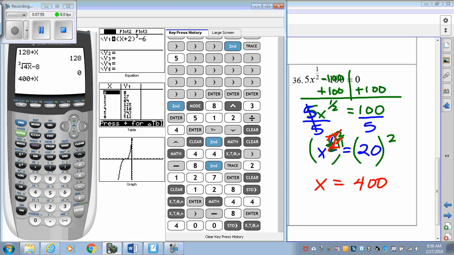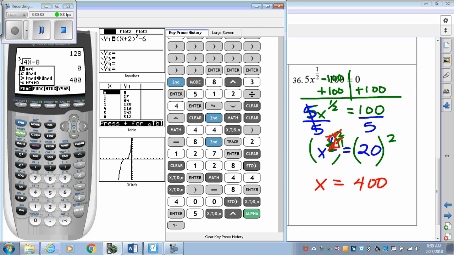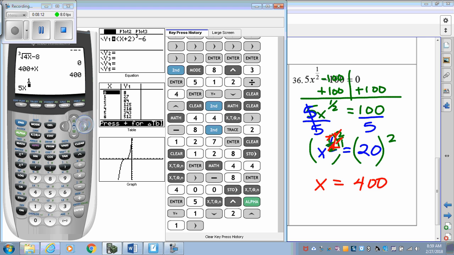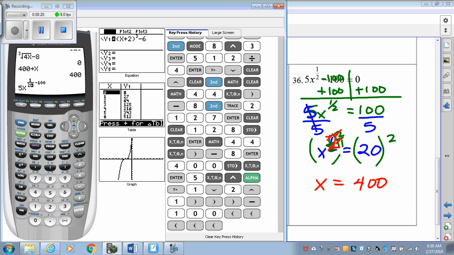All right, so I'll do 400, store x, and then type out 5x to the 1/2. Oops, I forgot the 1. So 1/2. Minus 100. Oops, I don't want it in the next one.